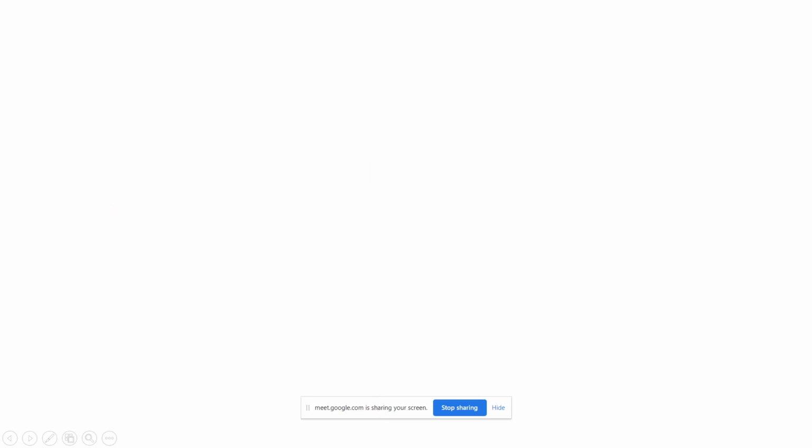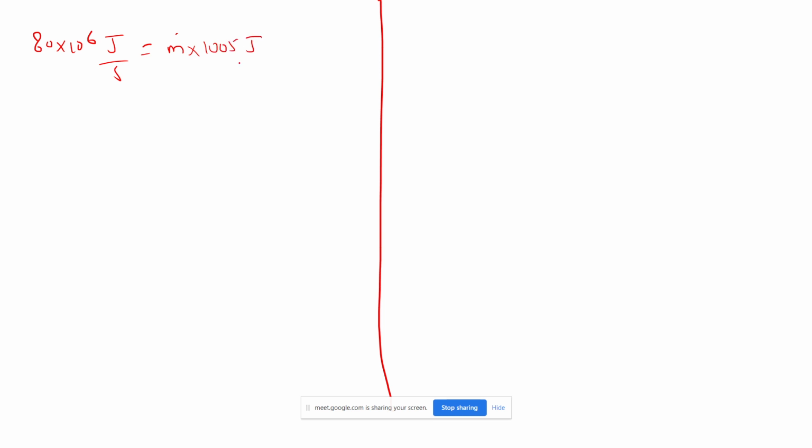So here we can write 80 into 10 to power 6 joule per second is equals to m dot into 1005 joule per kg Kelvin into 1280 minus 543.43. It is in Kelvin, so Kelvin will cancel out, joule will cancel out.